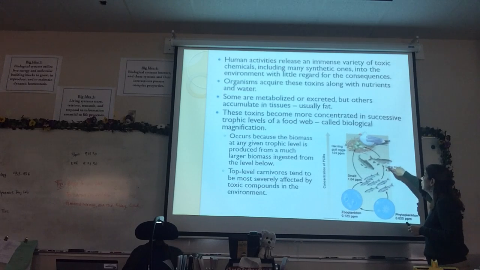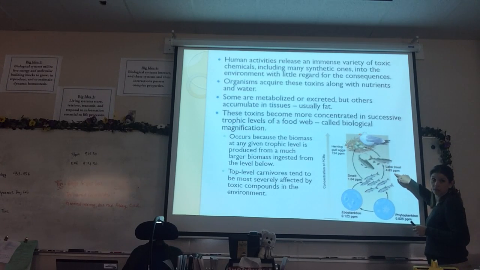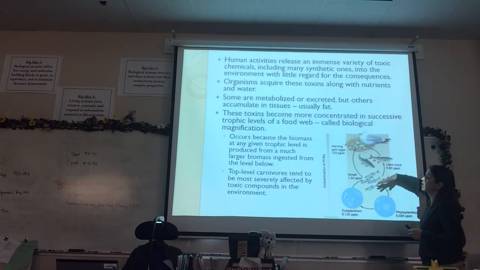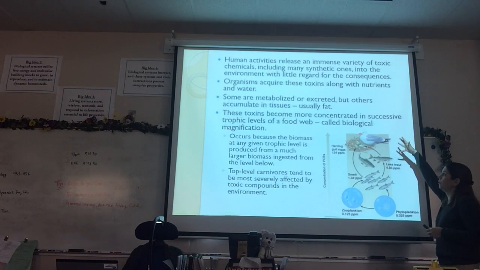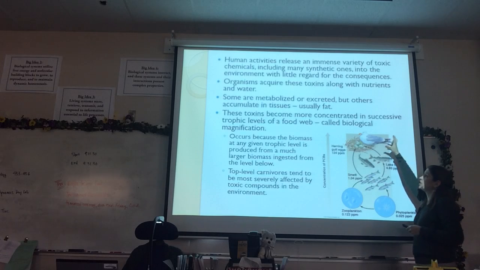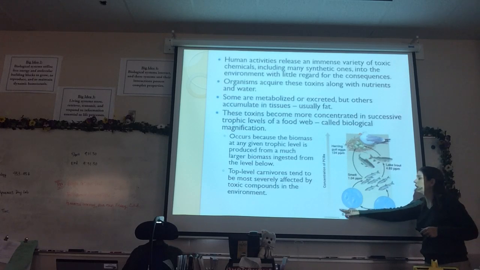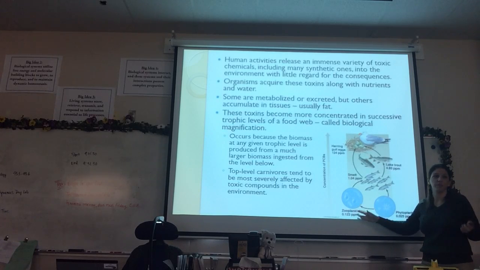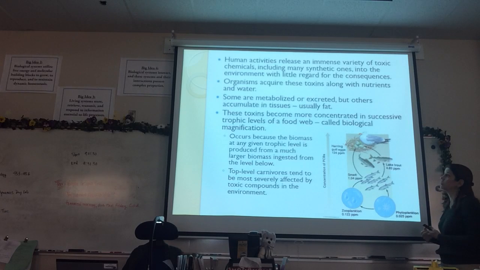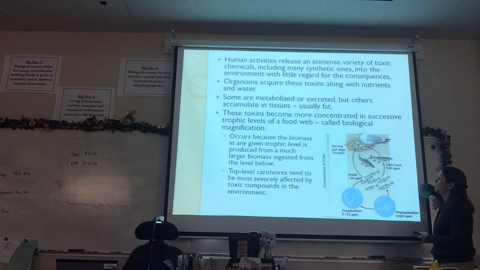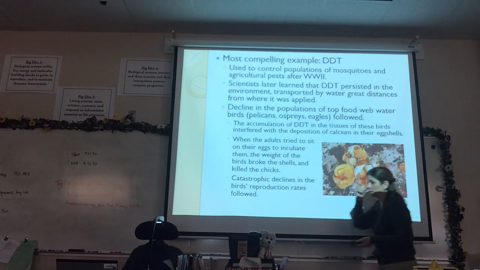Now we have even more parts per million, that's ppm, parts per million, a greater concentration of the toxins in the fish, and as we climb up the food web, or the food chain, the concentration is higher up here than it is down here, because down here, you can't just metabolize it and poop it back out. It gets stuck in your body tissues, and it stays there forever until you die. So what we end up with are top-level carnivores being severely affected by toxic compounds in the environment.